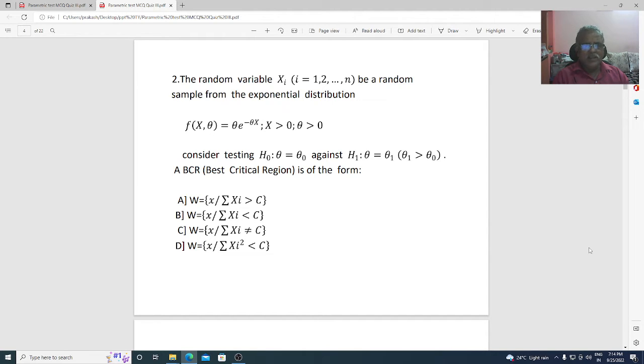Consider testing H0: θ = θ0 against H1: θ = θ1, where θ1 is greater than θ0. A Bayes critical region is of the form: option A, W = {x such that summation xi > c}; option B, W = {x such that summation xi < c}; option C, W = {x such that summation xi ≠ c}; option D, W = {x such that summation xi² < c}. The correct option is option A, W = {x such that summation xi > c}.